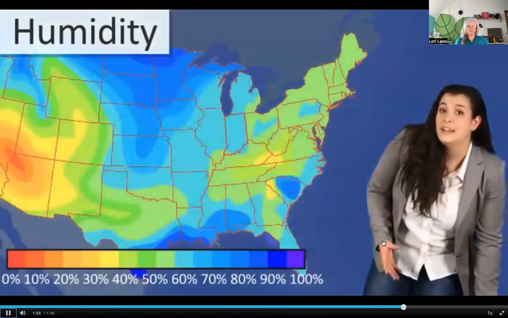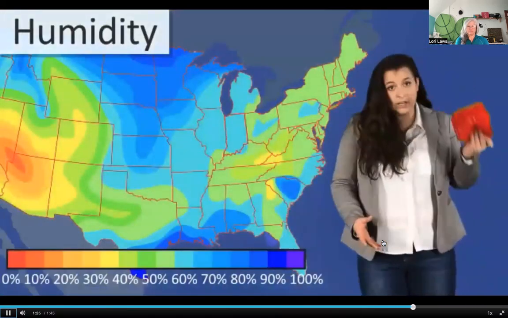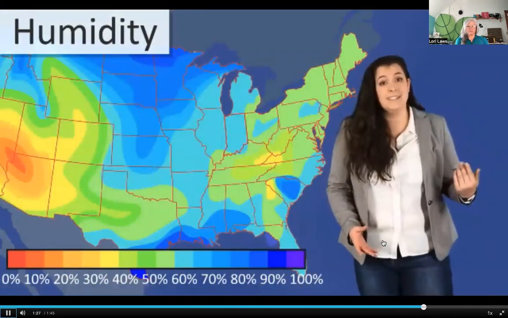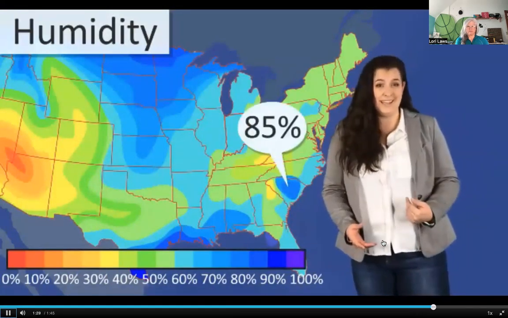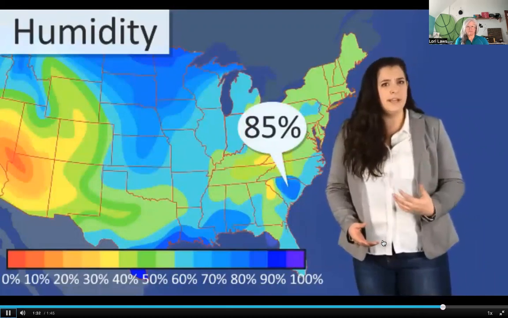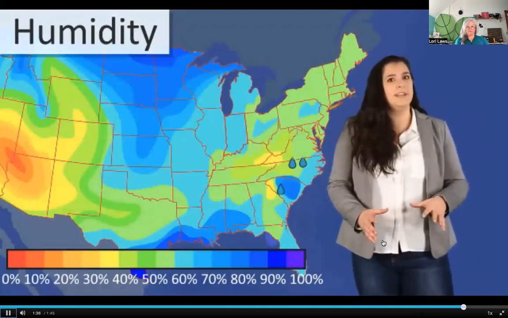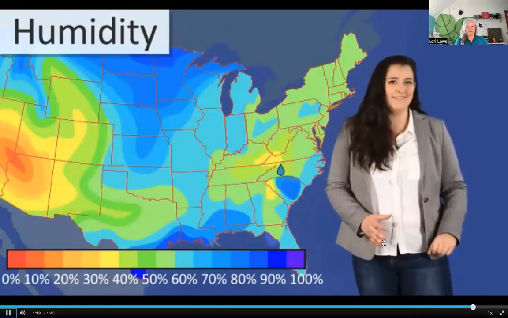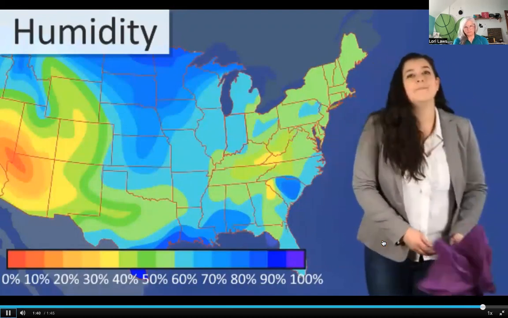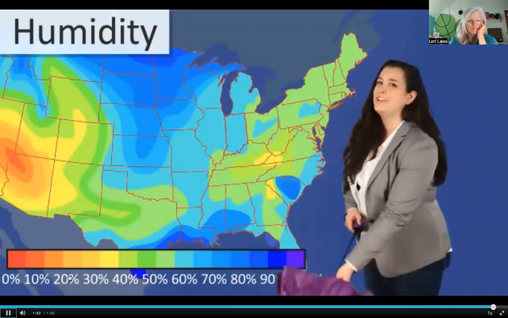Last, there's humidity. Today, we're experiencing 85% humidity in the air. When there's lots of humidity, it means there's a lot of moisture in the air. It also means there's a good chance of rain today. That's it for my weather report. Before you head outside today, be sure to grab your rain gear.